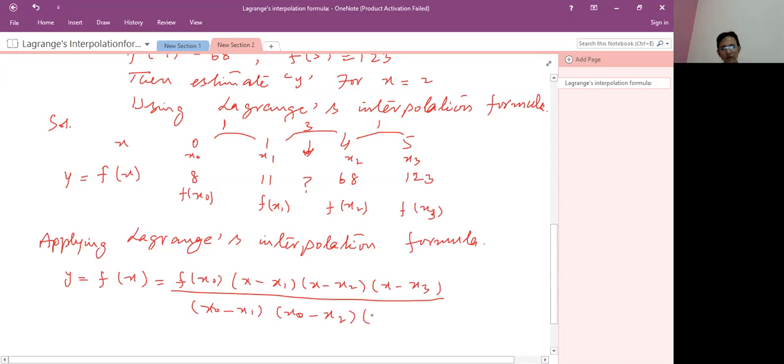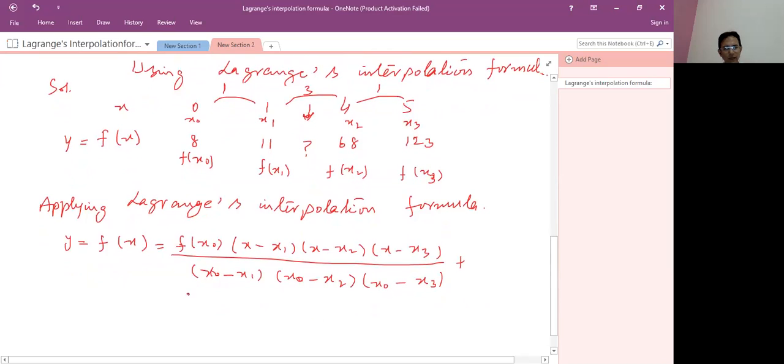So these are the arguments according to the given table.